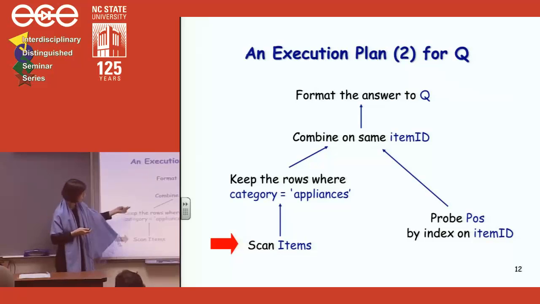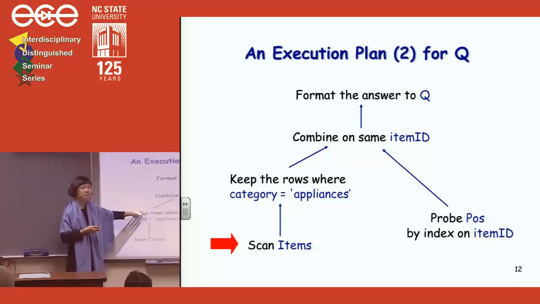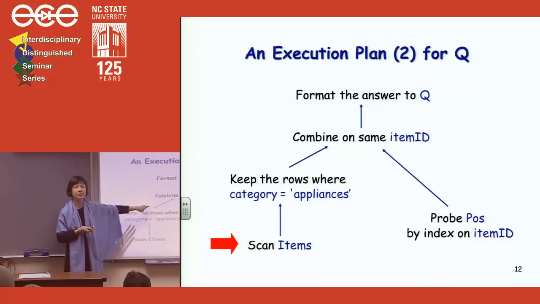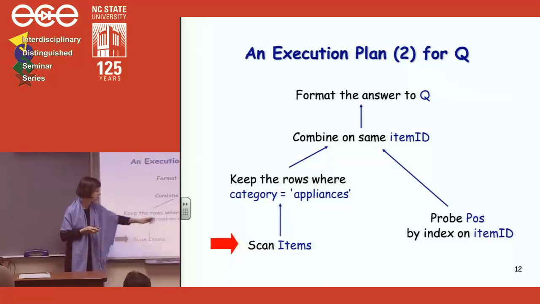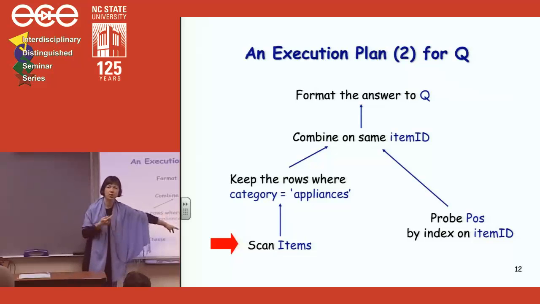What you can imagine in the query processor is that each row that gets out of this operator is for an item whose category is appliance. So all irrelevant data has been filtered out at this point. Each item ID that gets here is relevant information. So you take the ID of each such item, and then you probe the other table on that item ID.